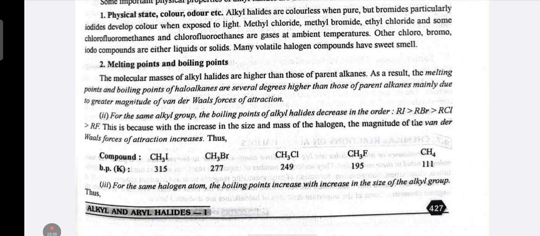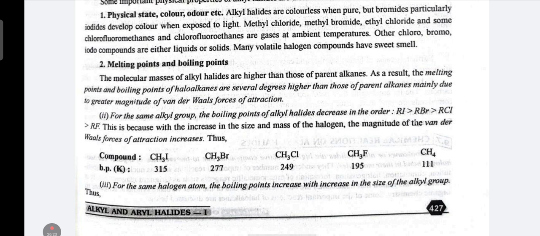Melting and boiling point. The molecular masses of alkyl halides are higher than those of their parent alkanes. As a result, the melting and boiling points of haloalkanes are several degrees higher than those of the parent alkane, mainly due to their greater magnitude of van der Waals forces of attraction.